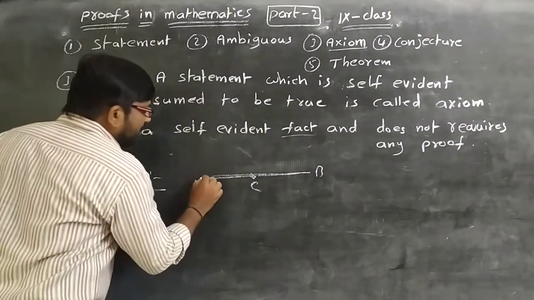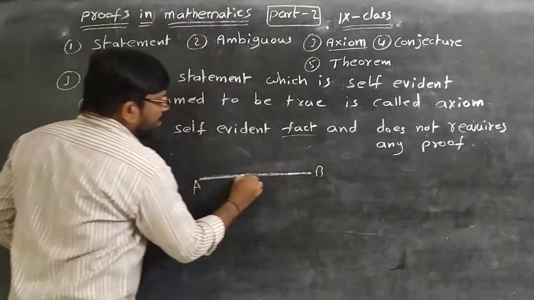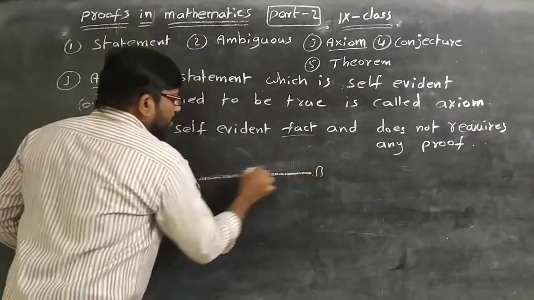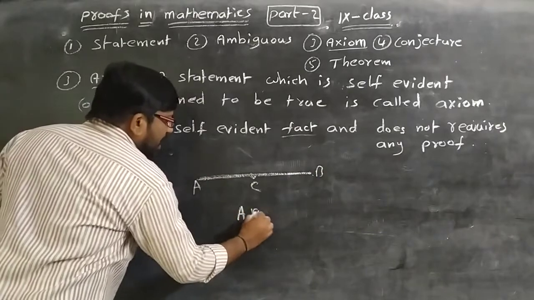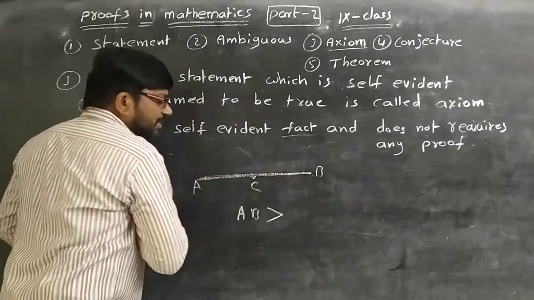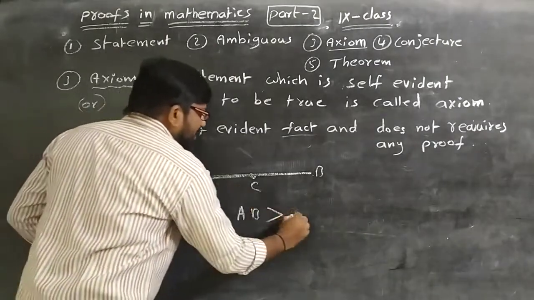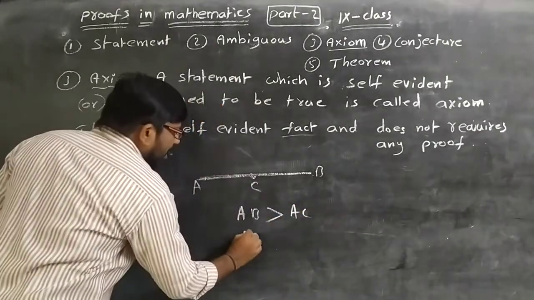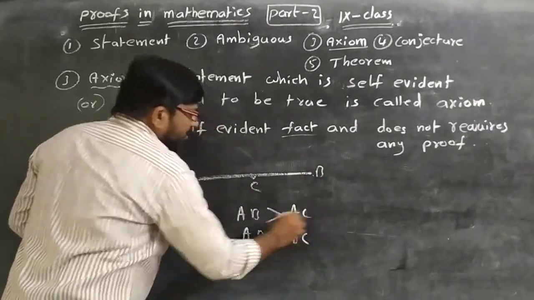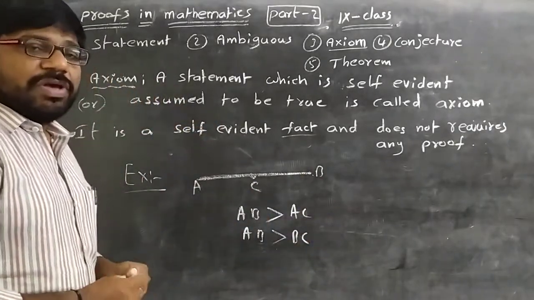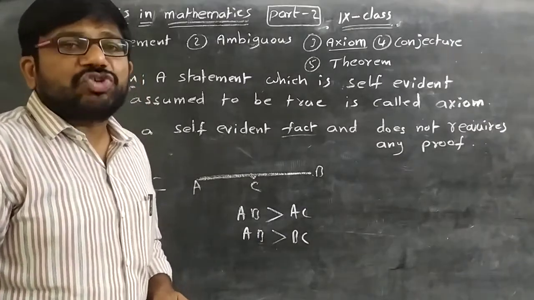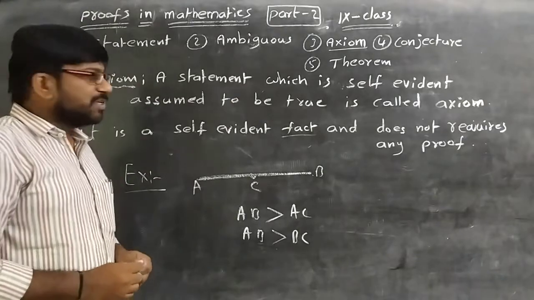Here AB is the whole line segment. So the whole AB is always greater than a part of this whole, like AC, right? And AB is greater than BC also, right? So a whole is always greater than a part of that whole, right?